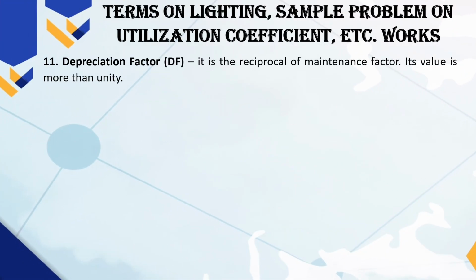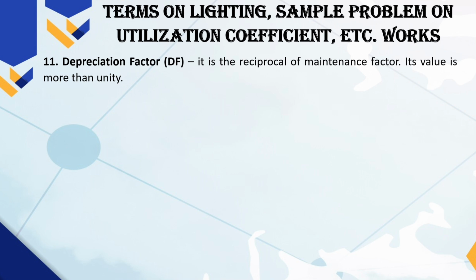11th, depreciation factor. Its symbol is a big letter D, F. It is the reciprocal of the maintenance factor. Its value is more than unity. It is the inverse of the maintenance factor, or MF, meaning it represents the decline in lighting effectiveness due to factors like dirt accumulation and lamp aging.